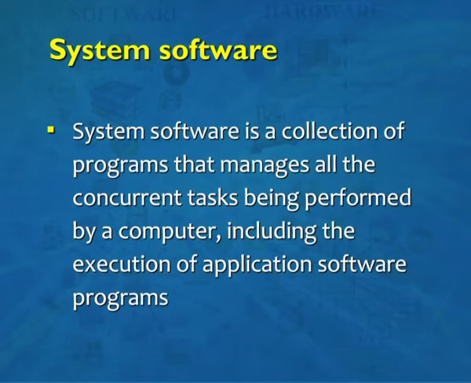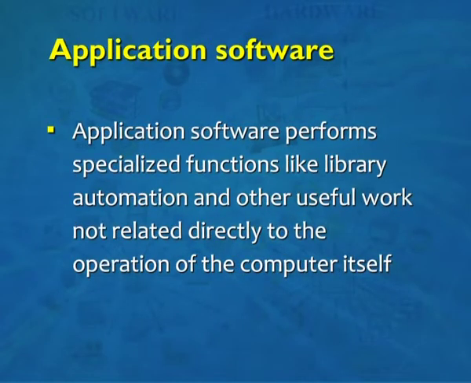System software is a collection of programs that manages all the concurrent tasks being performed by a computer, including the execution of application software programs. Application software performs specialized functions like library automation and other useful work not related directly to the operation of the computer itself.